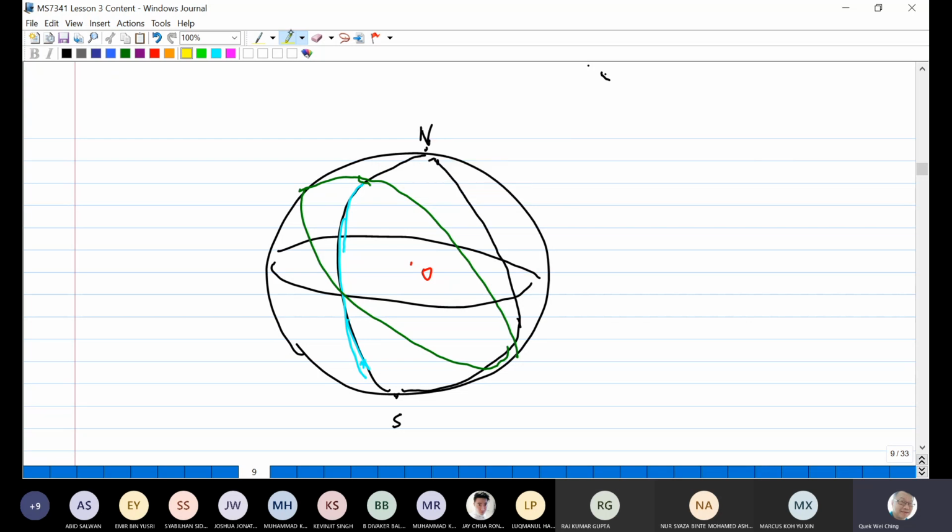You stop somewhere here, and then you get another great circle, not necessarily passing the North Pole and South Pole, but it contains the center of the earth.